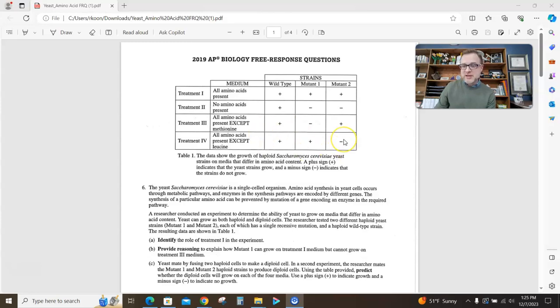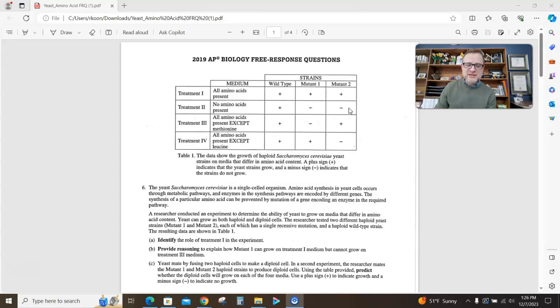Treatment 4, mutant 2 can't grow. With treatment 4, I don't give it leucine. And treatment 4 is telling you that mutant 2 cannot make leucine, all right? Treatment 2 with no amino acids, neither mutant grows because they can't make either methionine or leucine depending on which treatment.